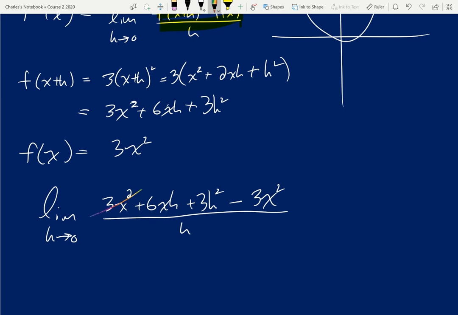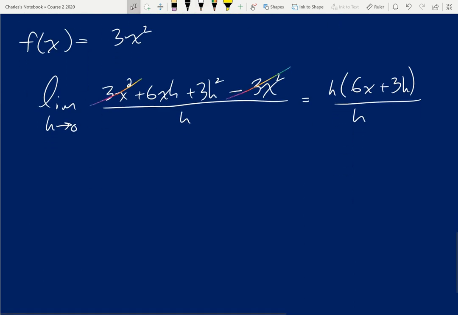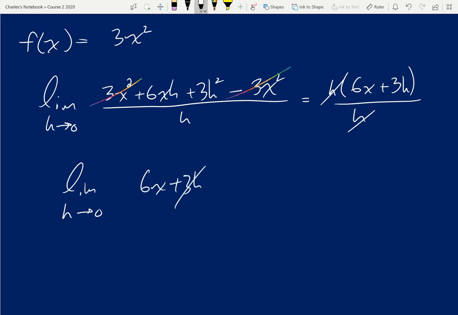And now I cancel out the 3x squareds, and I get h times 6x plus 3h divided by h. And now I cancel out the h's, and I get the limit as h approaches 0 of 6x plus 3h. And then the 3h, when I plug 0 in for h, that term disappears, which equals 6x.